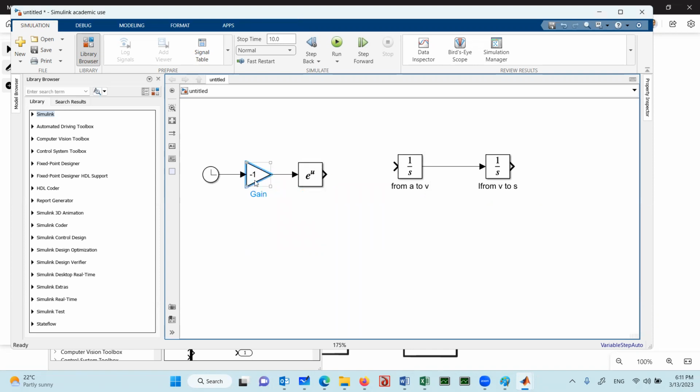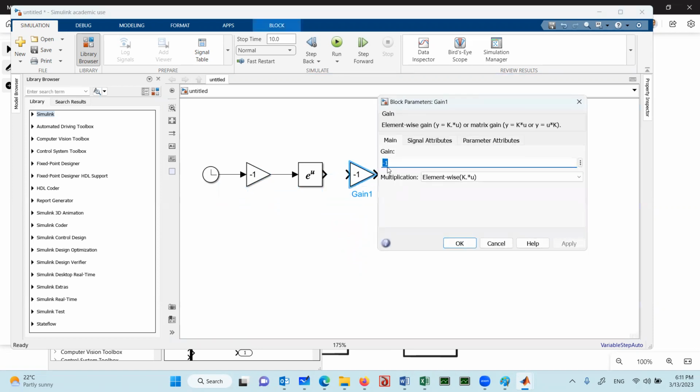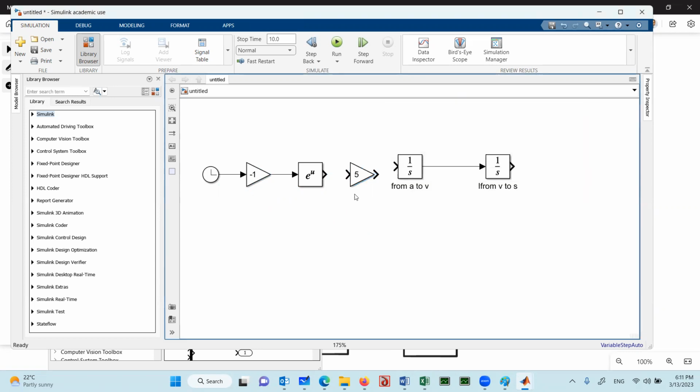Then I have to multiply this by 5. I just say control V, like I have here. Multiply this by 5. So here you have 5e^(-t). This is the input.